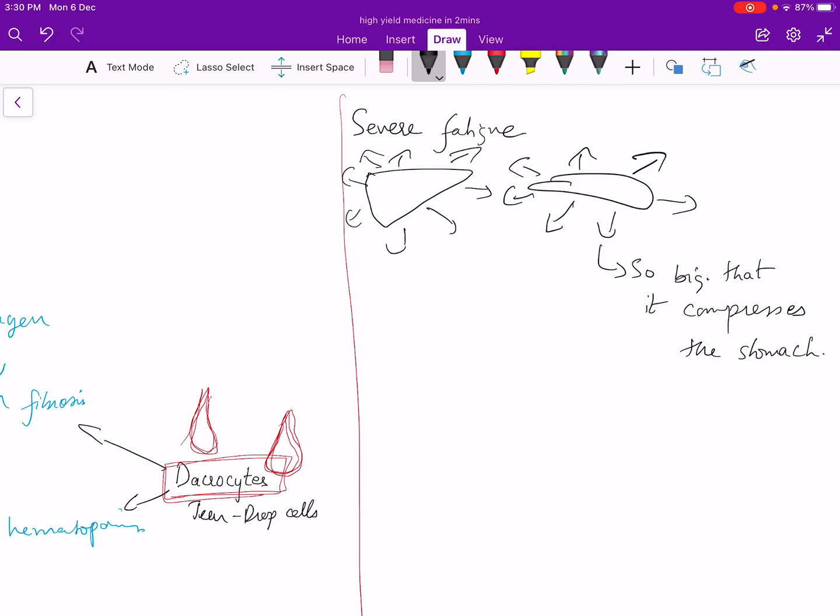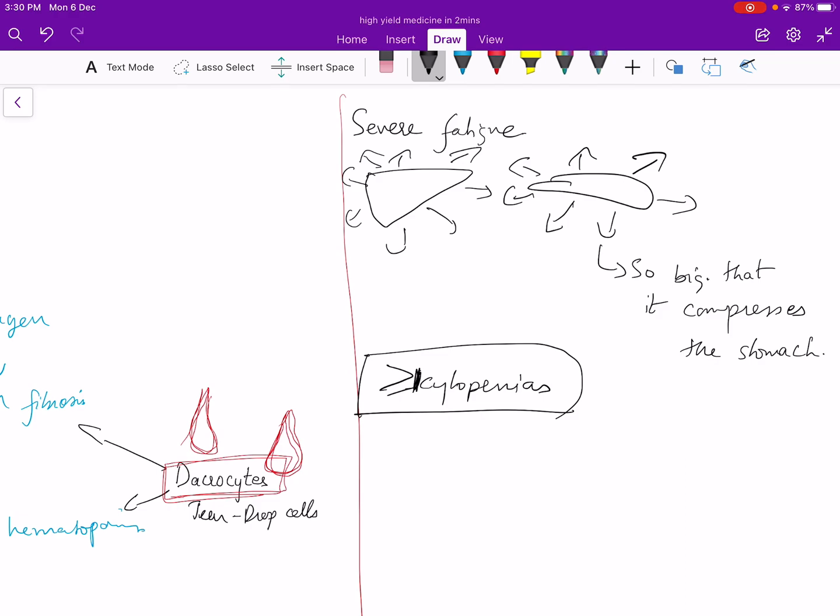And since this hematopoiesis is not 100% a perfect hematopoiesis, you'll see one or more cytopenias in this condition. And I already told you about dacrocytes.